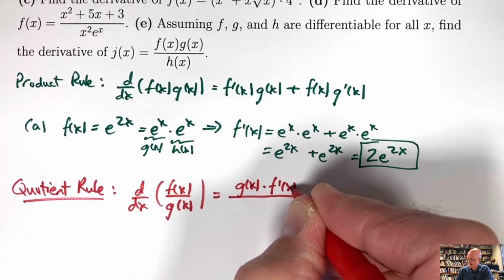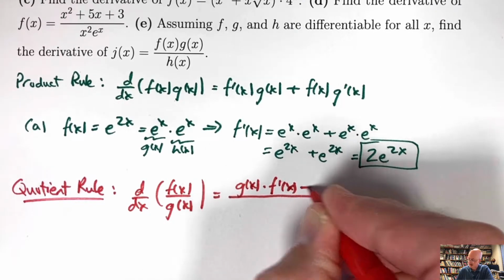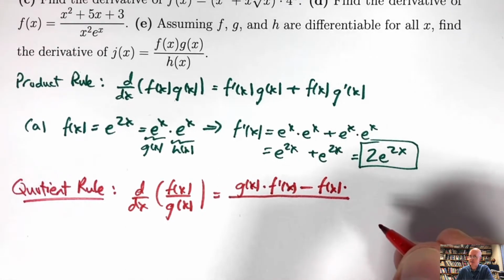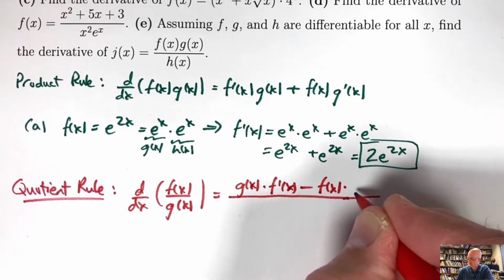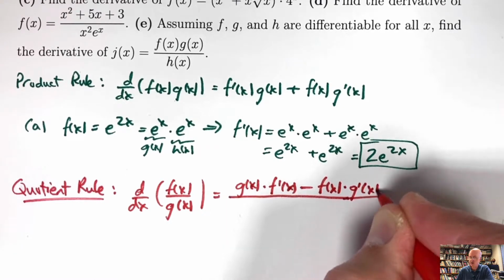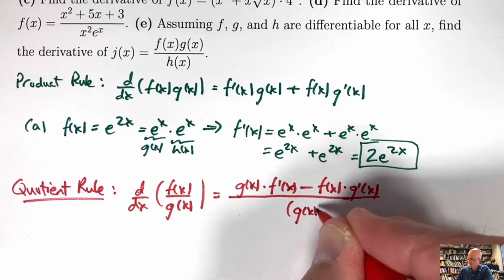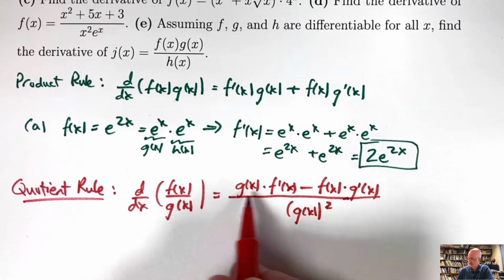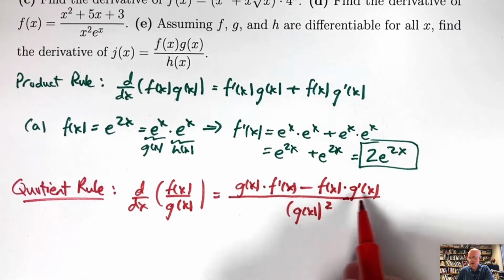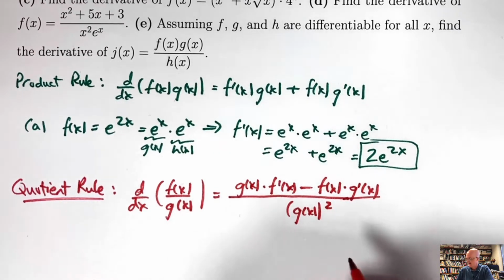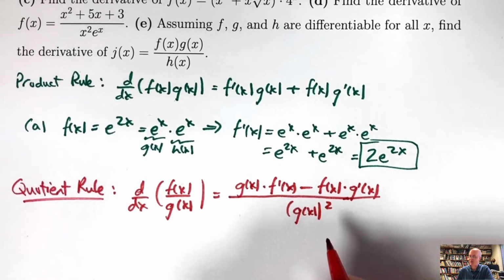Low d high, again, d meaning derivative, minus high, f of x, d low, d meaning derivative, means derivative of g of x, the lower function, over the square of what's below, meaning over g of x quantity squared. Low d high minus high d low over the square of what's below. Okay, that is the quotient rule right there.